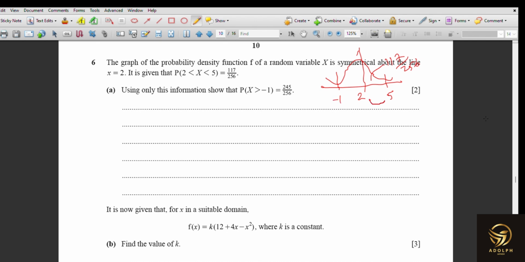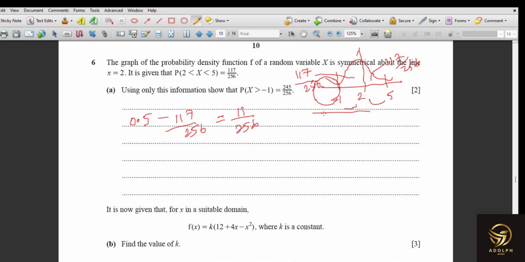If you see here 3 units, and here also 3 units, so both are equal. It means that the right side probability is 117 by 256, and the left side is also 117 by 256. We know the entire left side, because 2 is the mean, is going to be 0.5. If the probability from minus 1 to 2 alone is 117 by 256, the remaining probability is 11 by 256.